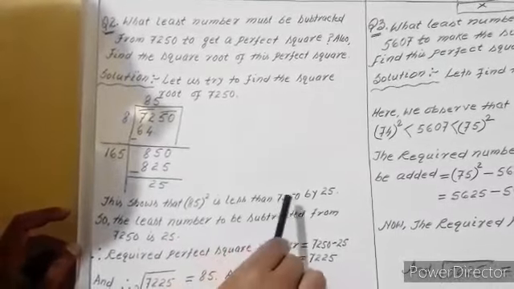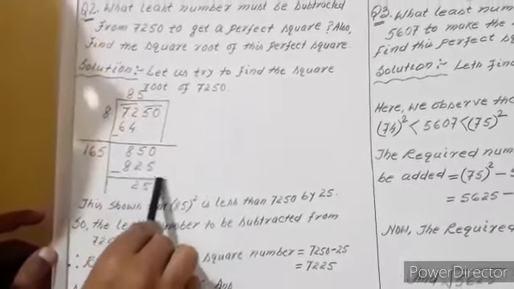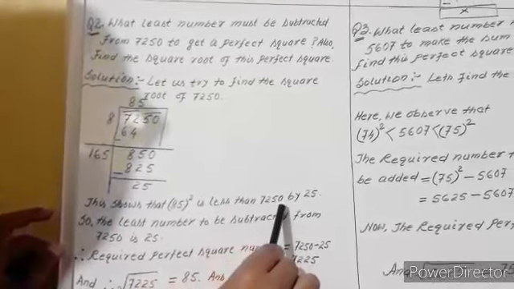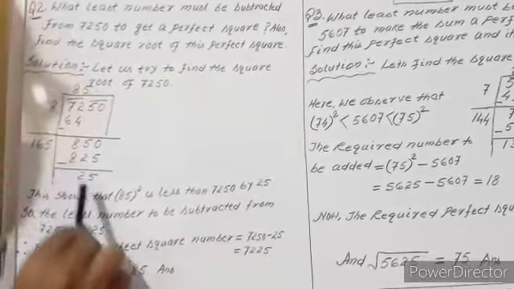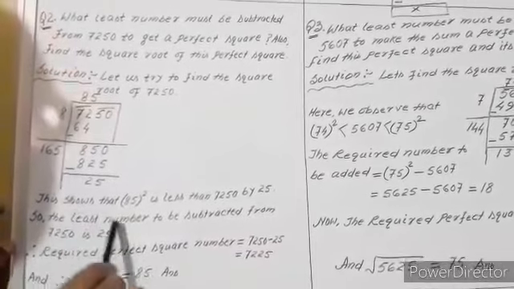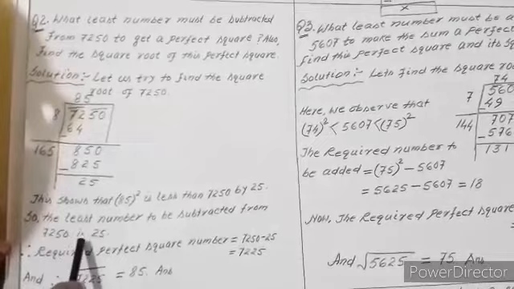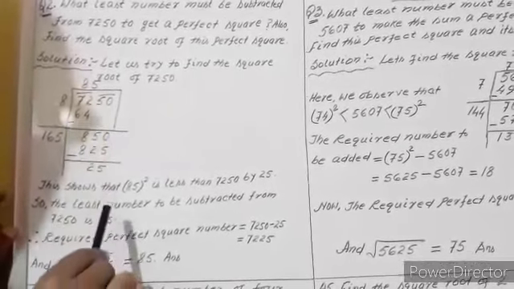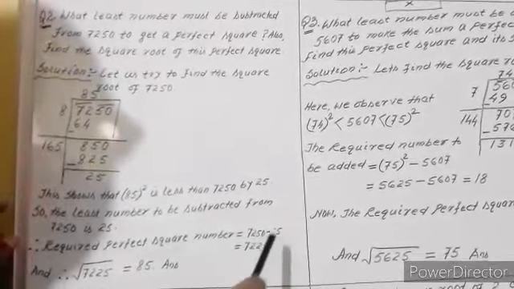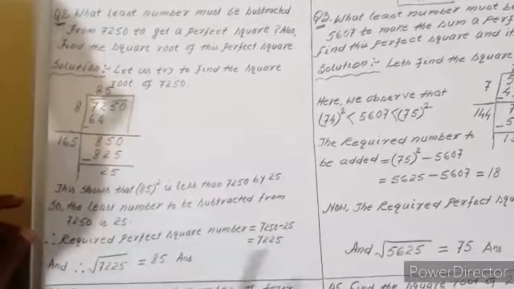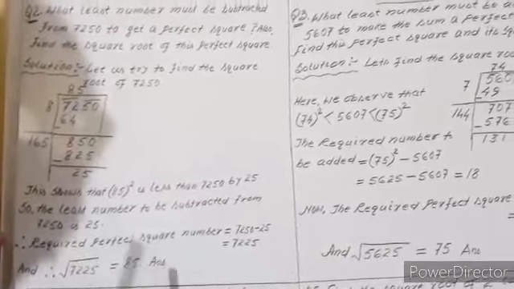So this shows that 85 square is less than 7250. Here a remainder is left, so 85 square is less than 7250 by 25. So the least number to be subtracted from 7250 is 25. So when 25 is subtracted, we get 7225, and the square root of this 7225 is 85.